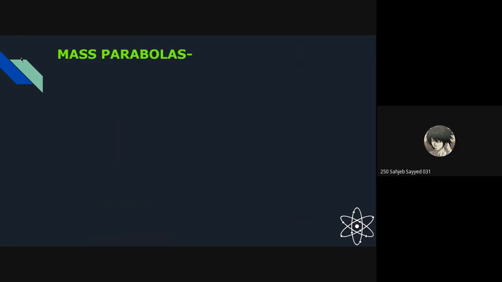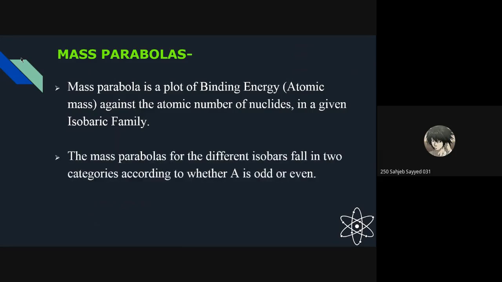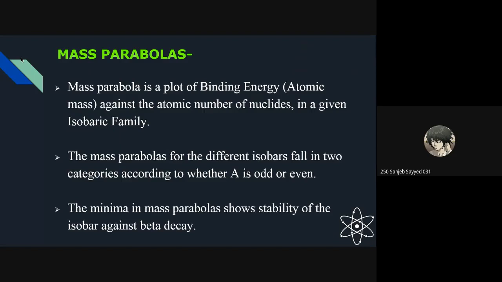Let's understand the first method, the mass parabola. In the mass parabola method, we plot the binding energy of the nuclides against their atomic number. These mass parabolas fall in two categories according to their mass number, whether it is odd or even. Also, the point of minima in these mass parabolas gives us the most stable isobar.